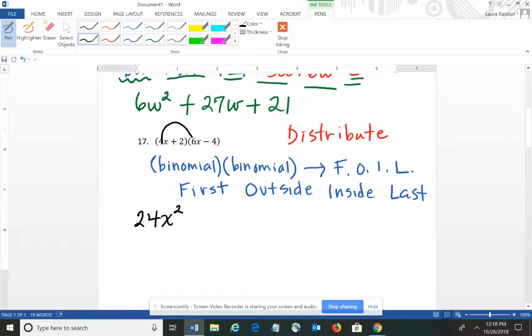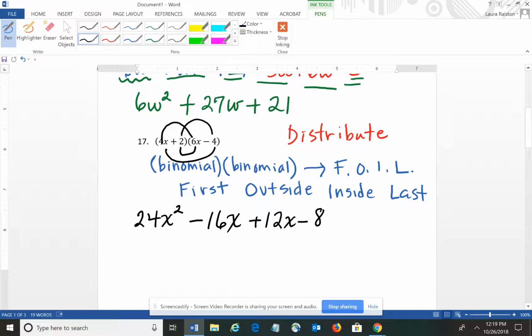Then outside, we would have 4x times −4. 4 times −4 is −16, and then the x. Inside, 2 times 6x. So 2 times 6 is 12x. Then last, I would have 2 times −4, which is −8.